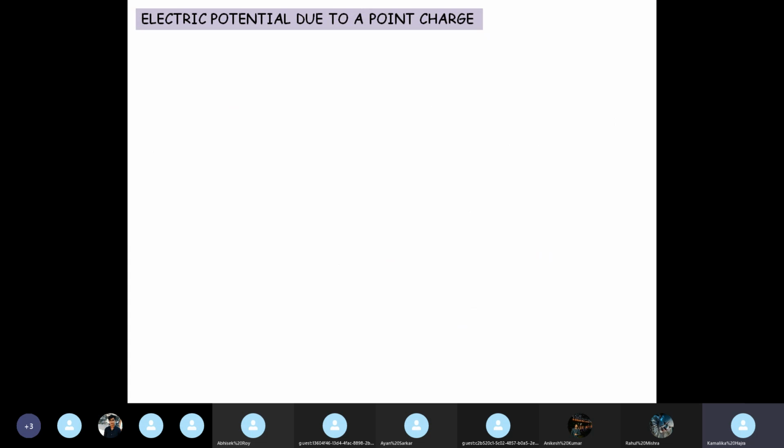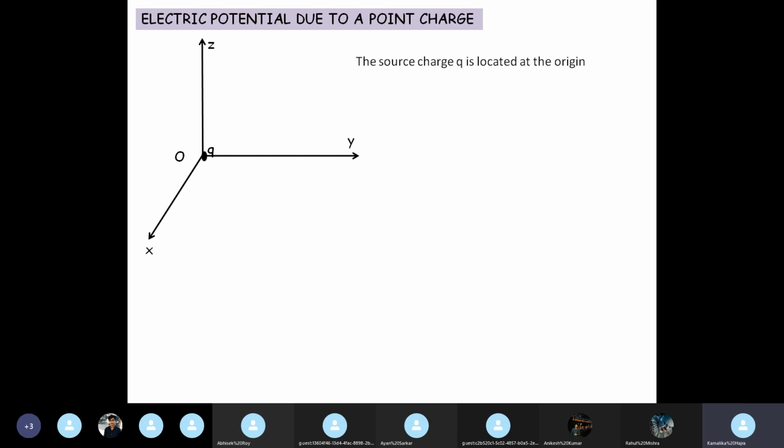Now we will calculate the electric potential due to a point charge. Suppose the source charge Q is placed at the origin. Now this has become a known figure for you: source charge Q, which is placed at the origin of our coordinate system.